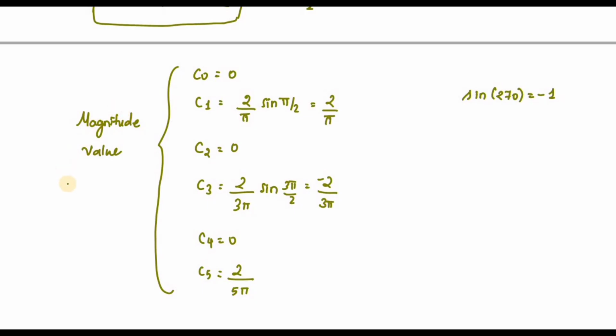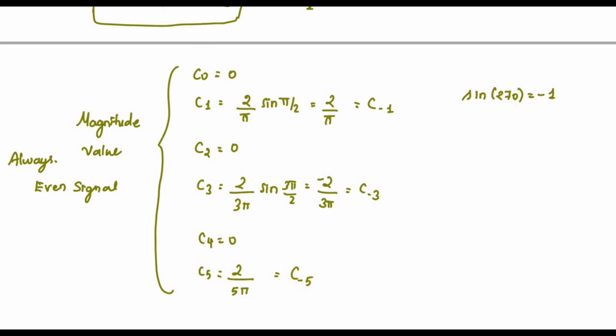And you can see this is always an even sequence. That is, if I find the value of C1, C minus 1 value is also the same. So this is nothing but C minus 3 value. This is equal to C minus 1. C minus 5 also you are having the same value.